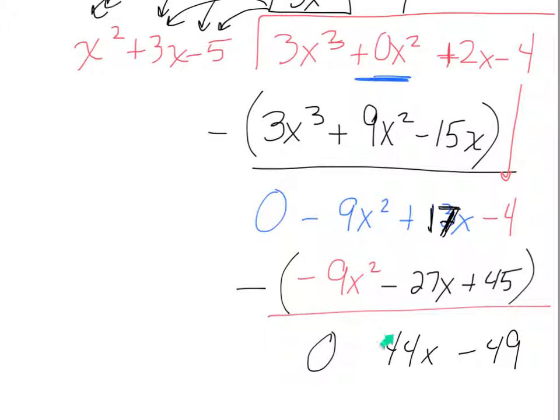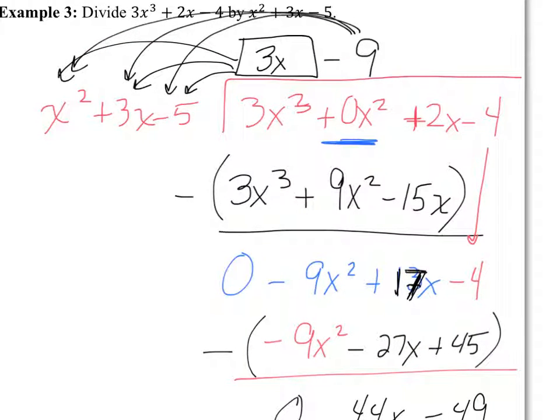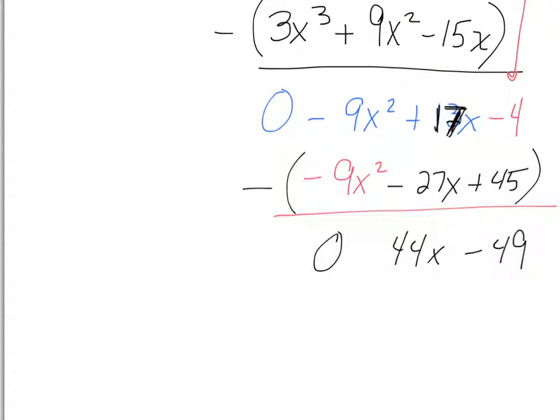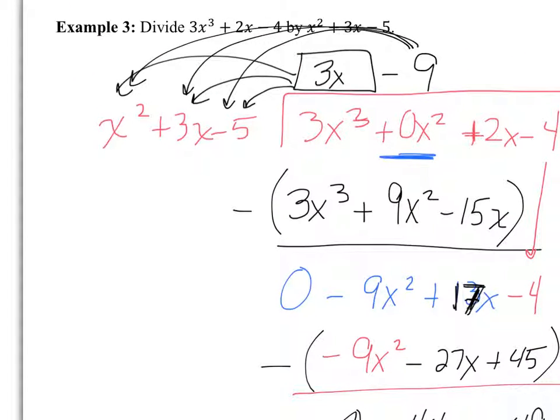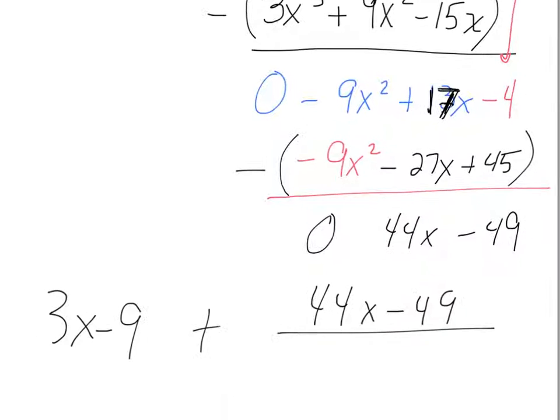The number you have down here has a degree of 1. So this is the remainder. So my answer is 3x minus 9 from up here, plus 44x minus 49 all over the divisor you started with, x squared plus 3x minus 5.